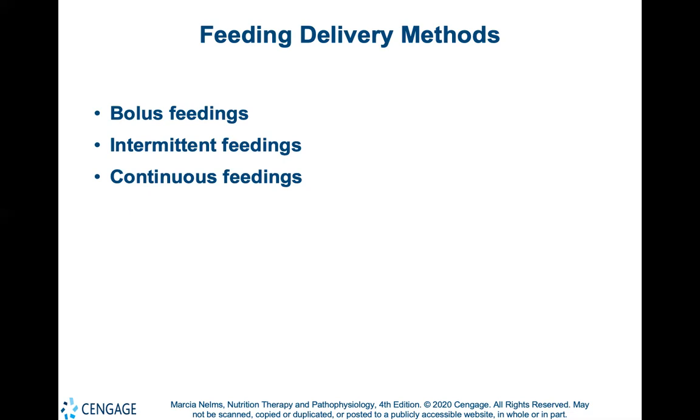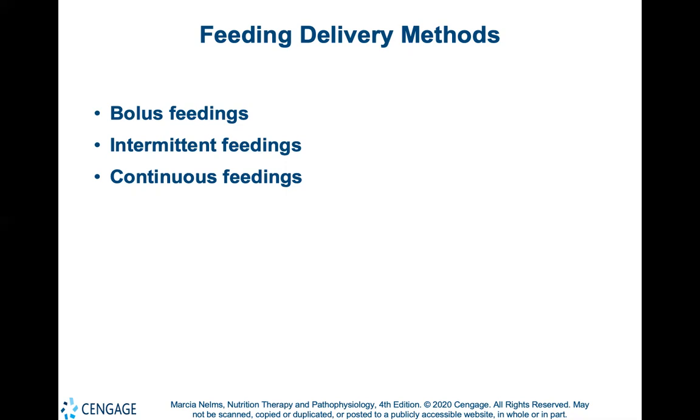If a pump is not available, formula may flow slowly by gravity into the feeding tube from a container suspended above the patient. Continuous feedings are administered over 8 to 24 hours daily using a tube to control the feeding rate. Continuous feedings are preferred in the acute care setting as GI tolerance is maximized with this delivery.